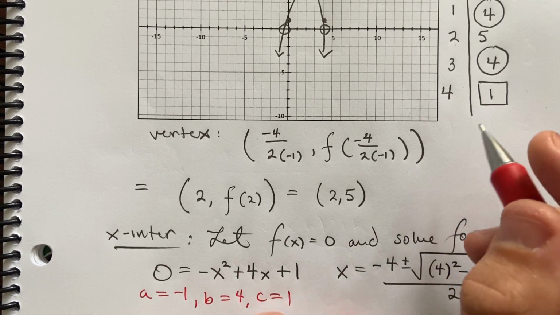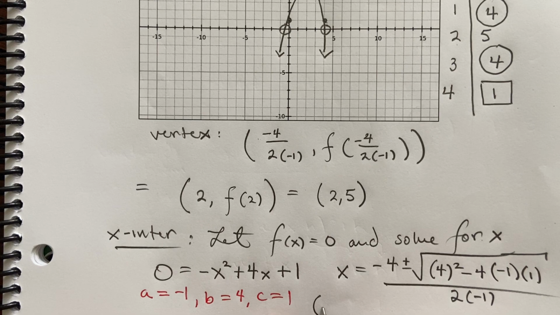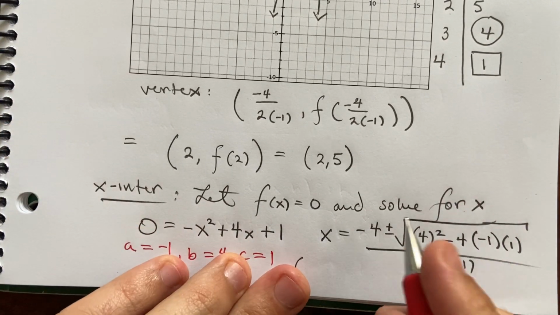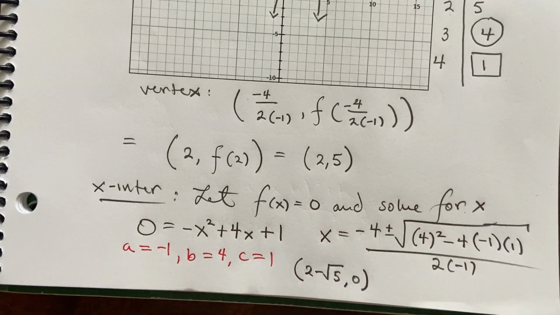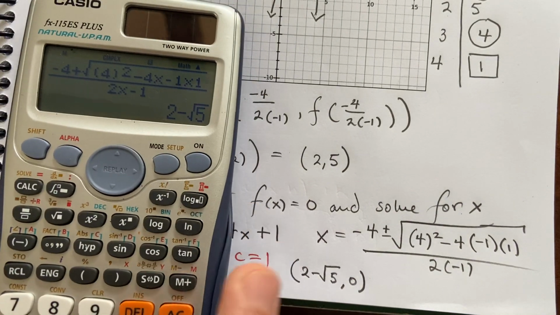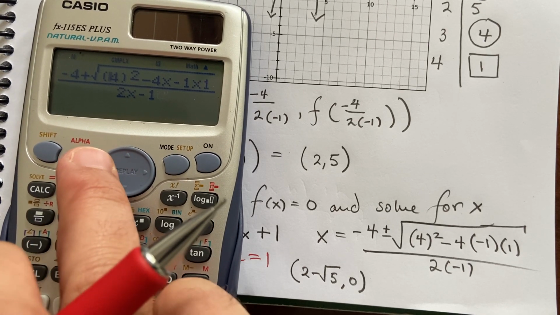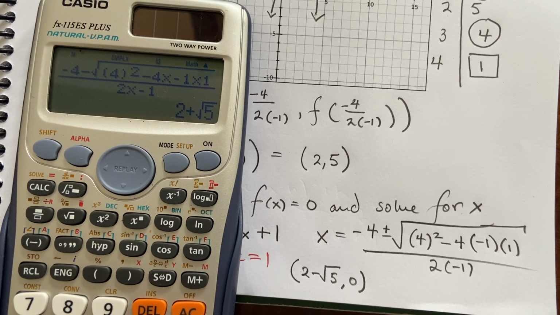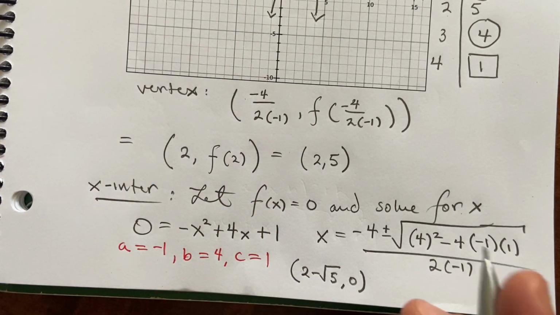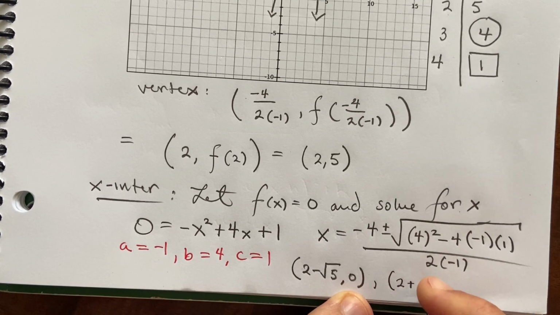So let's write the intercepts. I have 2 minus root 5, that's the x component, and then a 0. If I change it to the minus case, then I get 2 plus root 5. So my x-intercepts are 2 minus root 5 and 2 plus root 5.